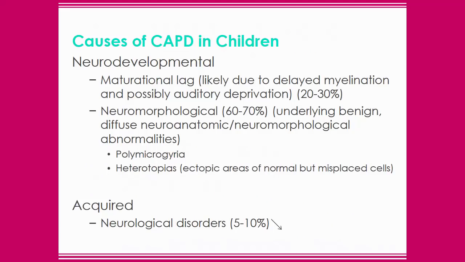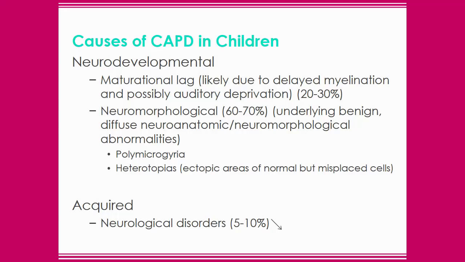I'd like to elaborate a bit on the causes of CAPD in children. Primary causes, neurodevelopmental and acquired. Under neurodevelopmental, we find maturational lag, likely due to delayed myelination, and possibly auditory deprivation, seen in about 20 to 30% of the cases. Neuromorphological errors, seen in 60 to 70%.